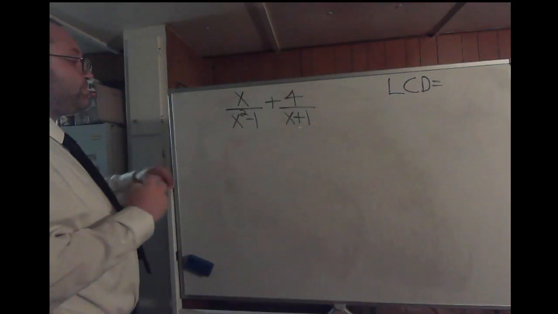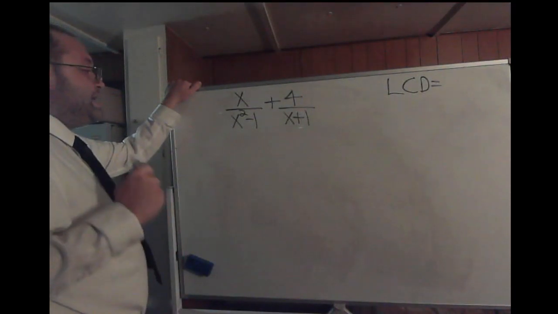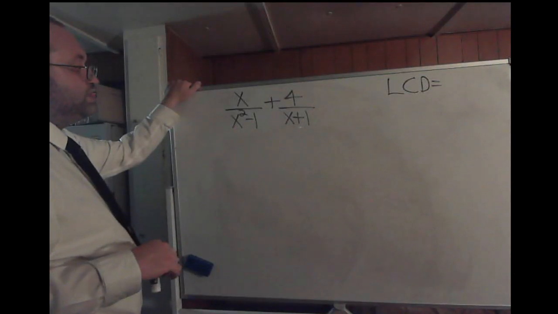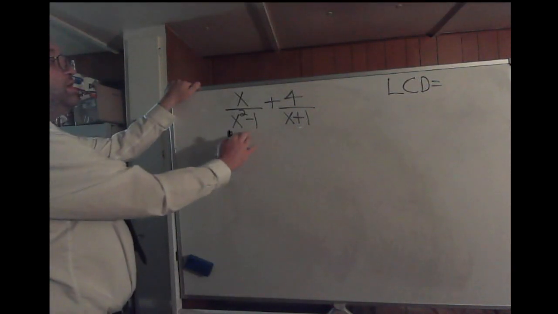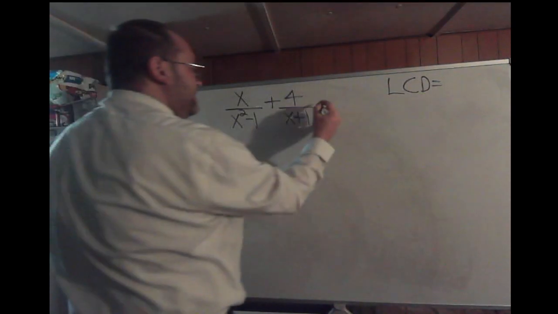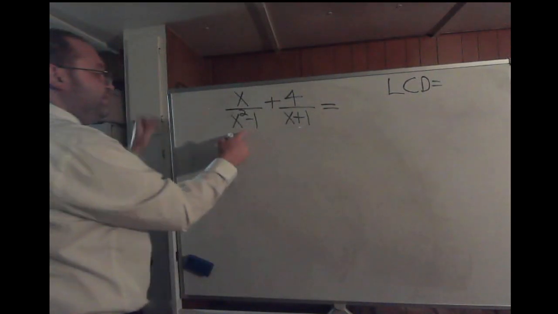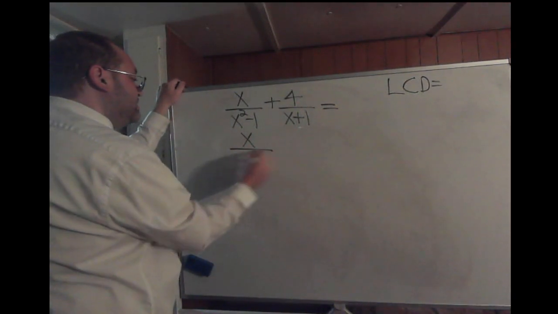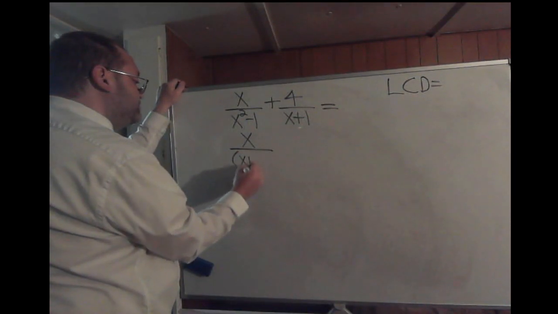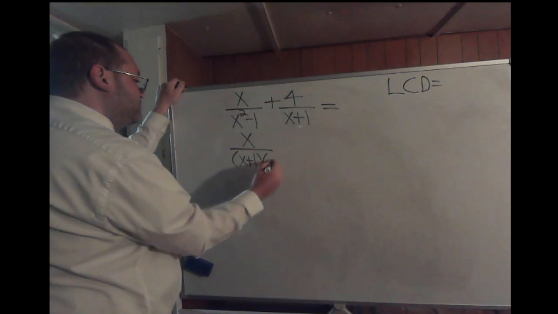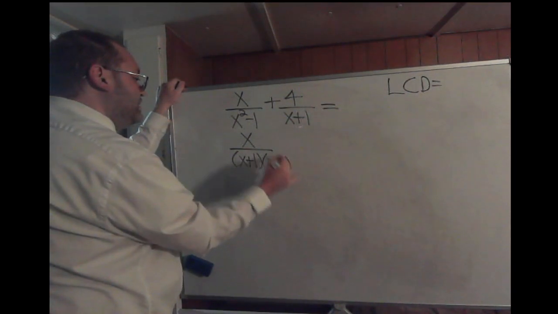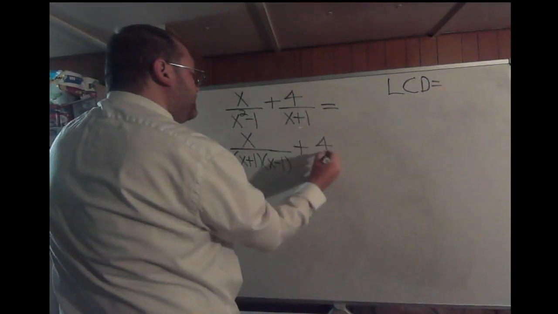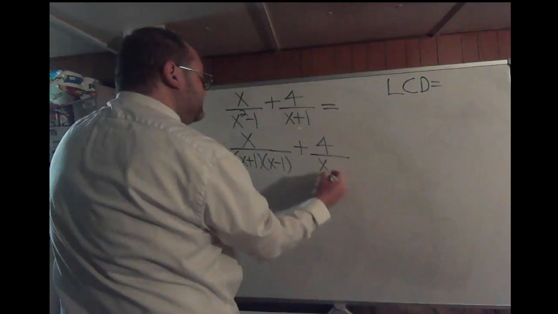Well, okay, yes, we have two different denominators, but isn't x plus 1 already a factor of x squared minus 1? Let's go ahead and factor that first denominator. You'll end up having x all over x plus 1 times the quantity of x minus 1. You would have that plus 4 all over x plus 1.